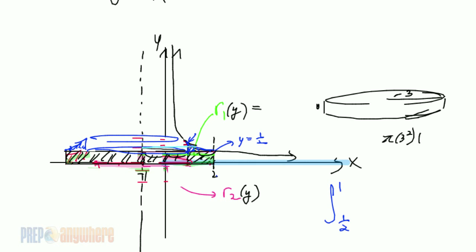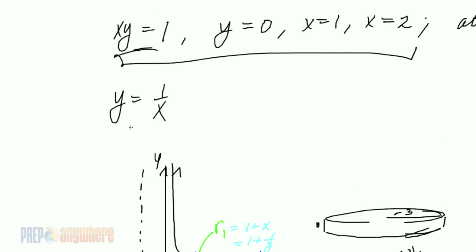You can see that's going to be 1 plus this x length. So that's actually the radius one I was talking about. It's 1 plus essentially x, where x is a function of y. So it's 1 over y because it's from this reciprocal function here.